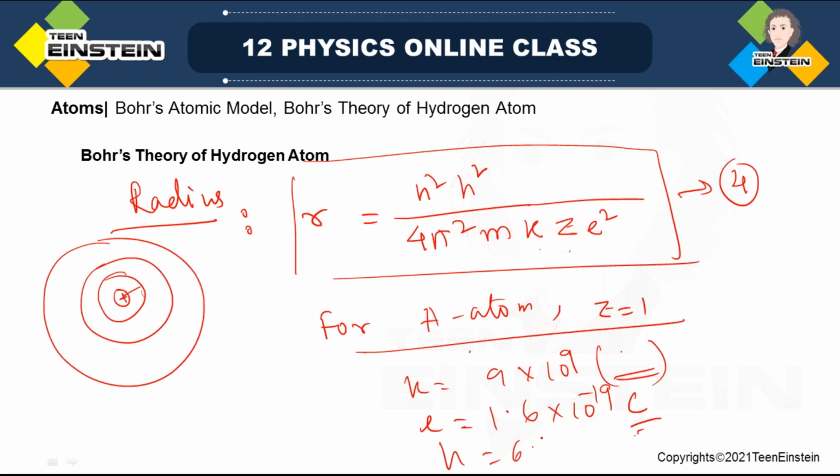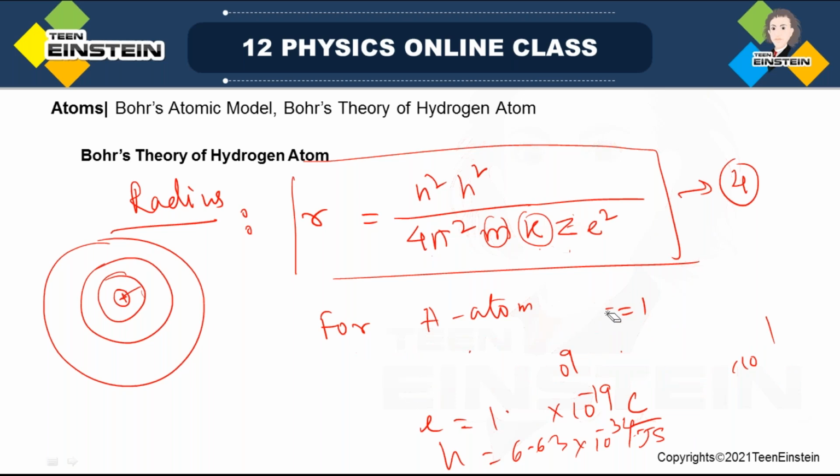The Planck constant has a value 6.63 × 10⁻³⁴ joule-second. The electron has mass 9.1 × 10⁻³¹ kg. If you put all the values, you will get a very nice number.